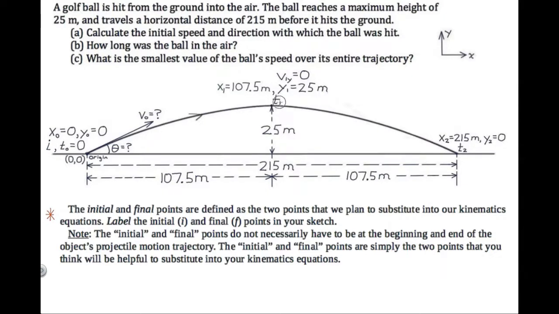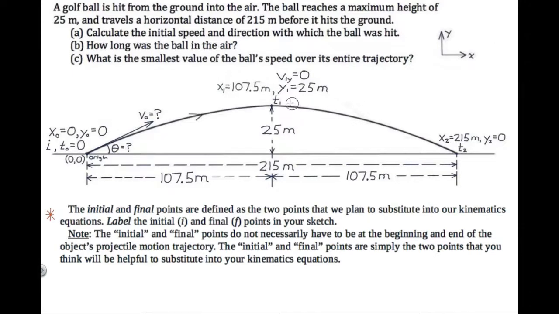Should we label t sub 1 at the peak of the trajectory as our final point? Or should we label t sub 2 when the ball hits the ground as our final point? Well, we know the vertical velocity at t sub 1, but we don't know the vertical velocity at t sub 2.